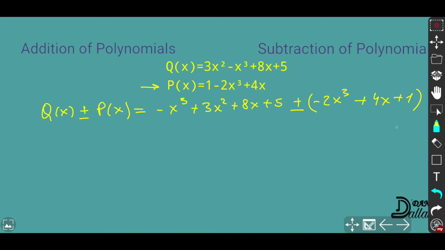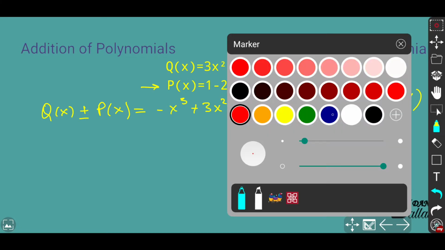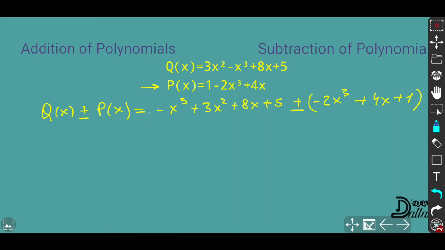Right now, the idea of this method is in defining like terms. What do like terms mean? The key word is like terms. Sometimes they're called similar terms because they should have an identical letter part, up to the exponent, up to the power.